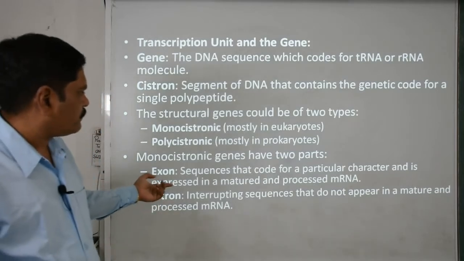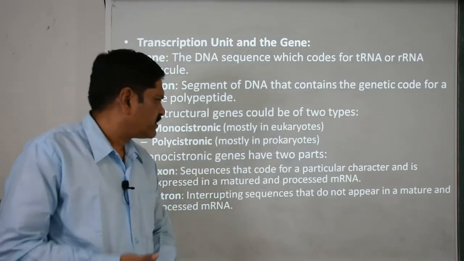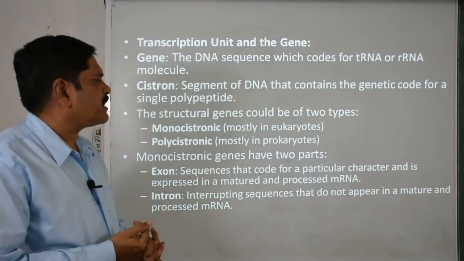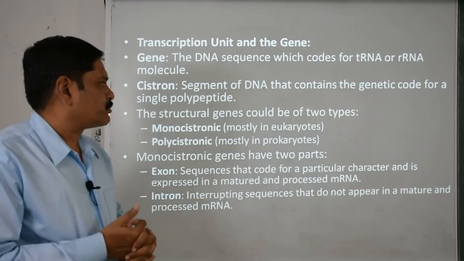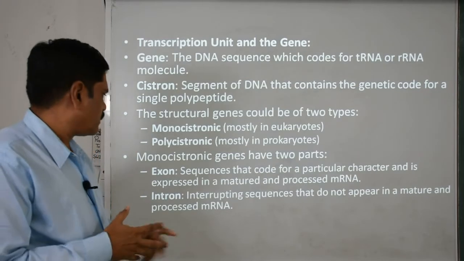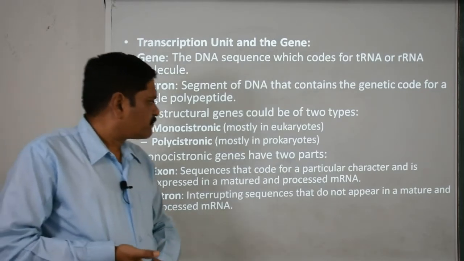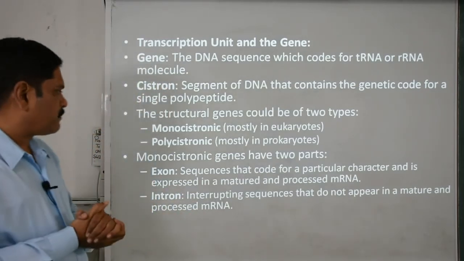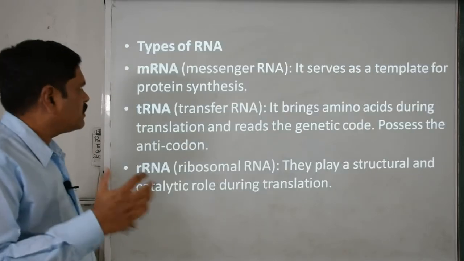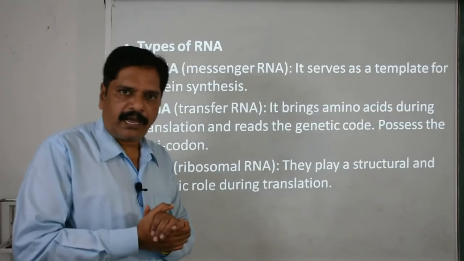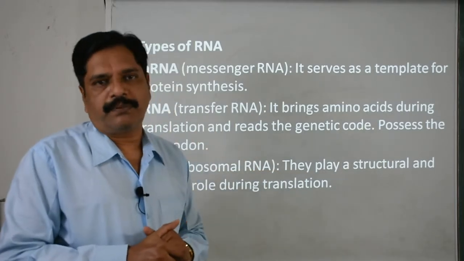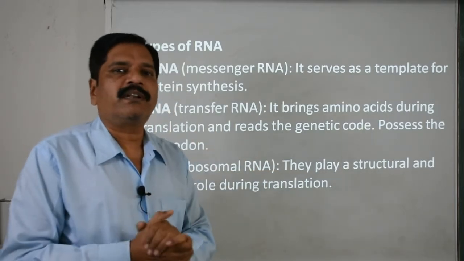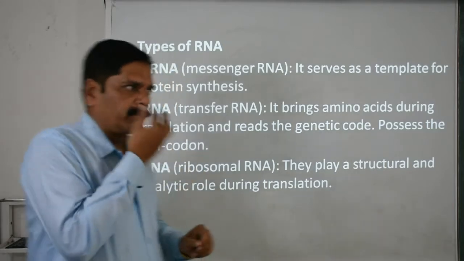What is the exon? Remember, the sequences that code for a particular character and are expressed in a matured and processed mRNA. While the intron, the interrupting sequences that do not appear in a mature and processed mRNA. While they are actually coding the RNA, only the exon segments will be copied, while the intron will just be eliminated.